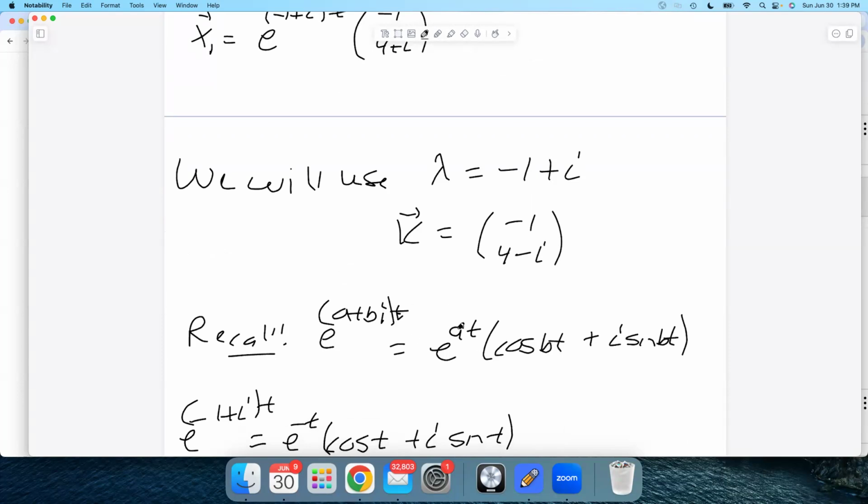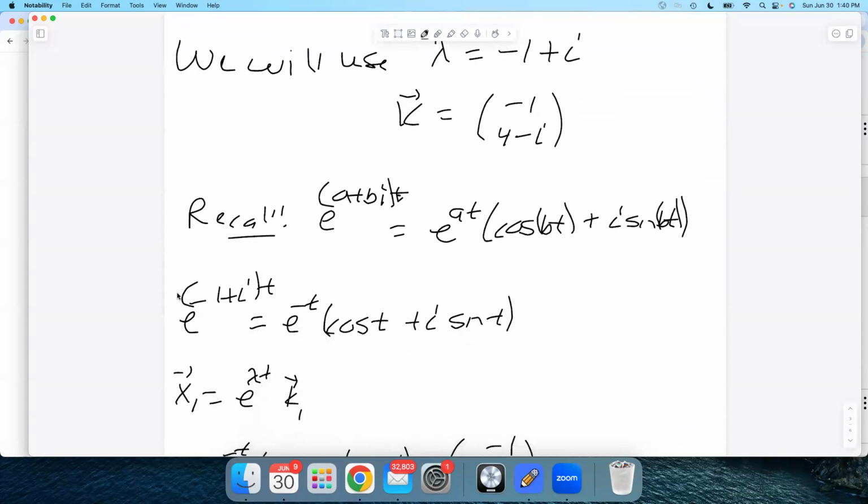So the real part goes in the exponential, the imaginary part goes inside your sine and cosine, and you get this i out front. And we've got a t here, so everybody gets multiplied by t. And remember, these are the arguments of your sine and cosine. It's not cosine of b times t, it's cosine of bt.